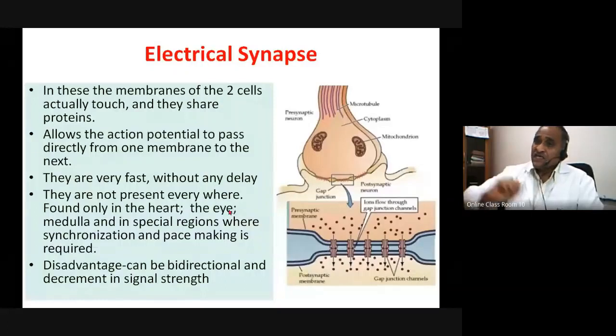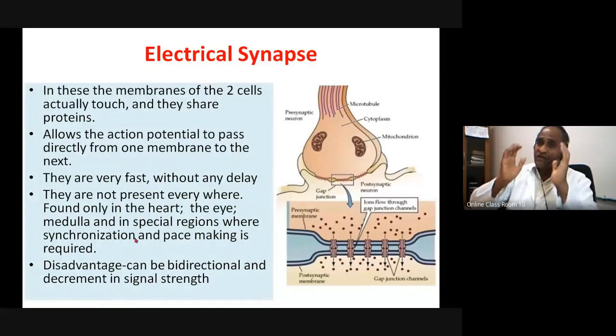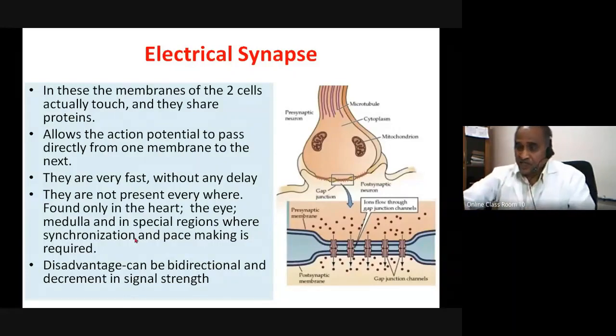So for this pacemaking activity, you require a synchronization of the events. So that is where they are present in the medulla. Especially where there is a synchronization. Synchronization means a collective action of a group of neurons or a group of muscle cells. Then you need electrical synapse. Pacemaking, yes, generation of the activity is required. This is about electrical synapse.